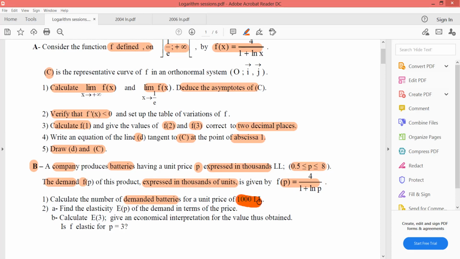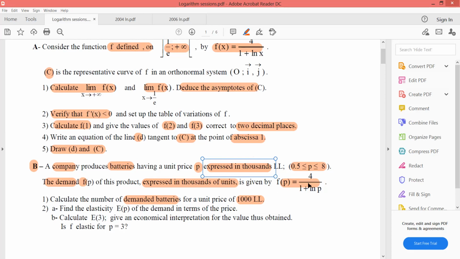I cannot put 1,000 instead of P, since P is between 0.5 and 8. I look at the unit of the price, which is 1,000, so I divide 1,000 by 1,000, we get 1. So P is equal to 1.